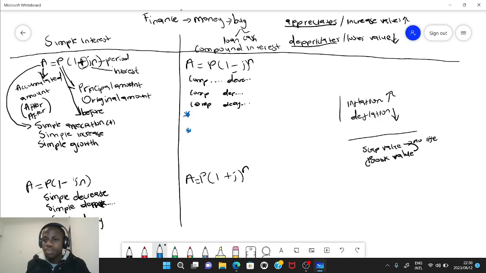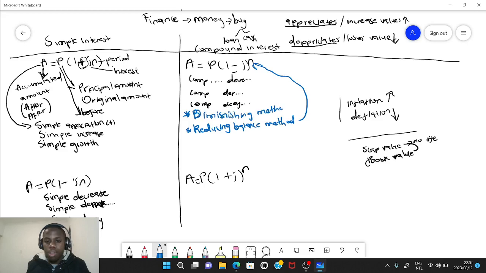The first thing that we have is another one called the reducing balance method. This formula is also known as the reducing balance method, or the diminishing method.